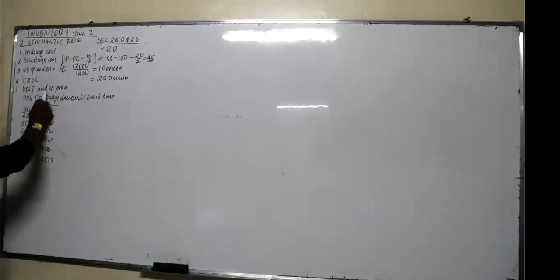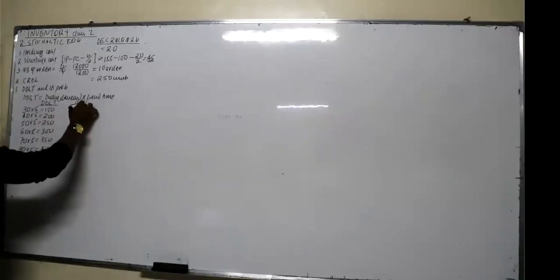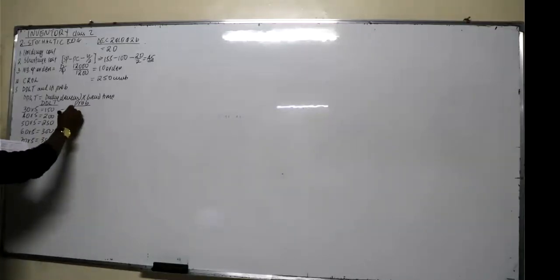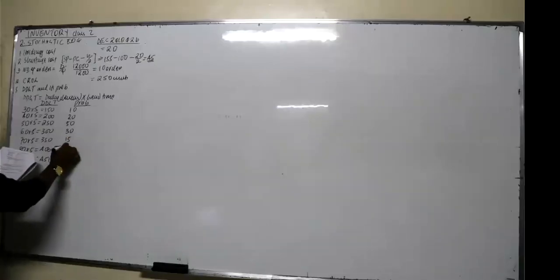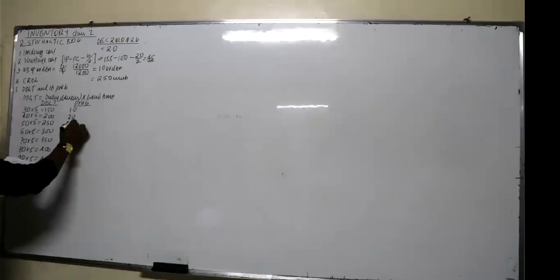We need demand during lead time and its probability. So to get the probability, we use the frequency of the number of days. So it's 10 days, 20, 50, 30, 15, 5, 5. You divide by the total number of days. Was it 135? Yeah, you divide by 135.